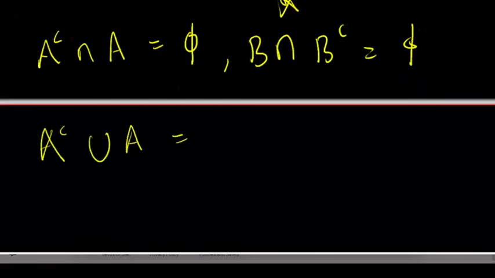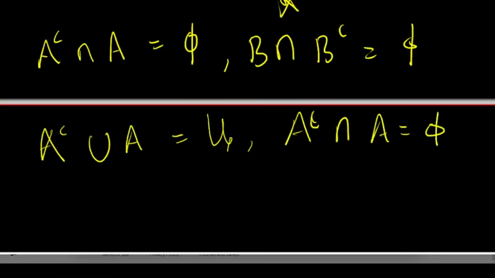A complement is what is not inside A but found in the universal set. A complement union A gives the universal set. So A complement union A is the universal set, and A complement intersection A is the empty set. So make sure you take note of these two concepts. They are very essential.